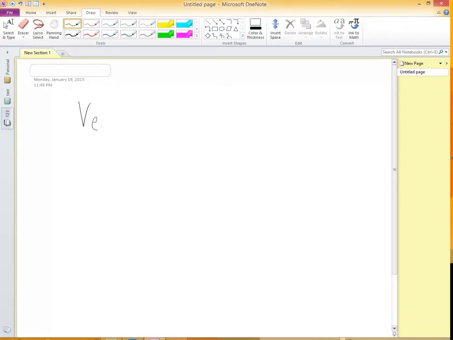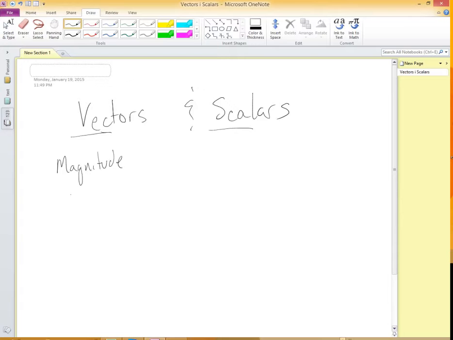So we have things called vectors, and we have things called scalars. Vectors have magnitude and direction, whereas scalars just have magnitude. So it's just the quantity that you're calculating, like 5 meters, 5 newtons, 6 kilometers, stuff like that.